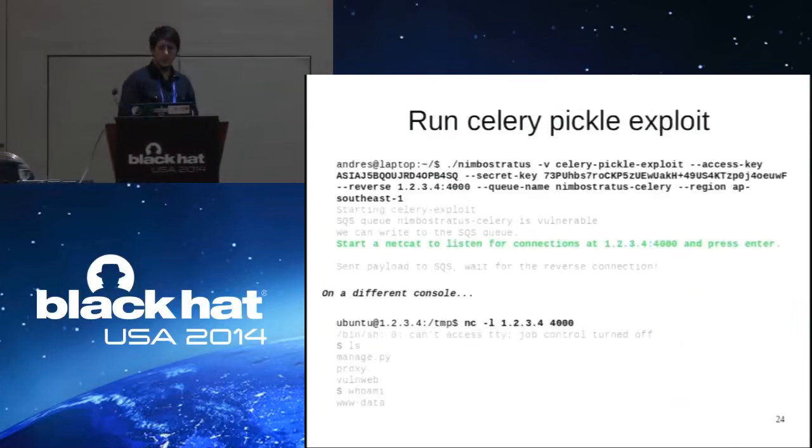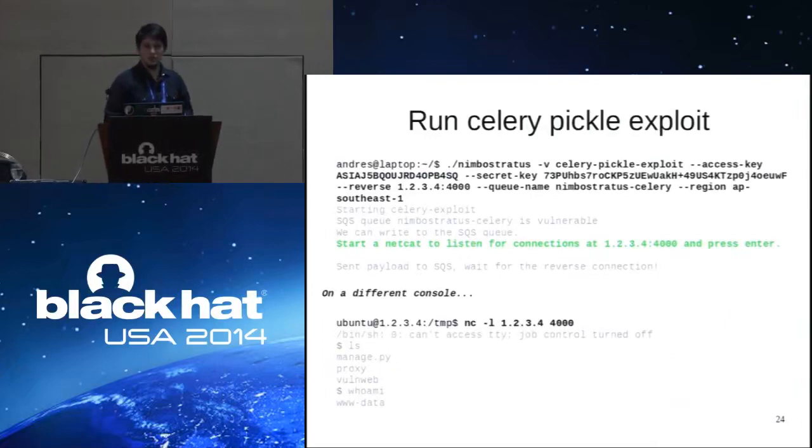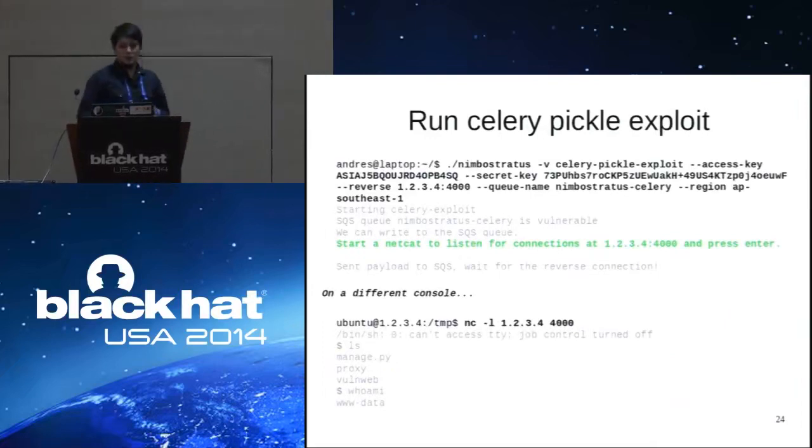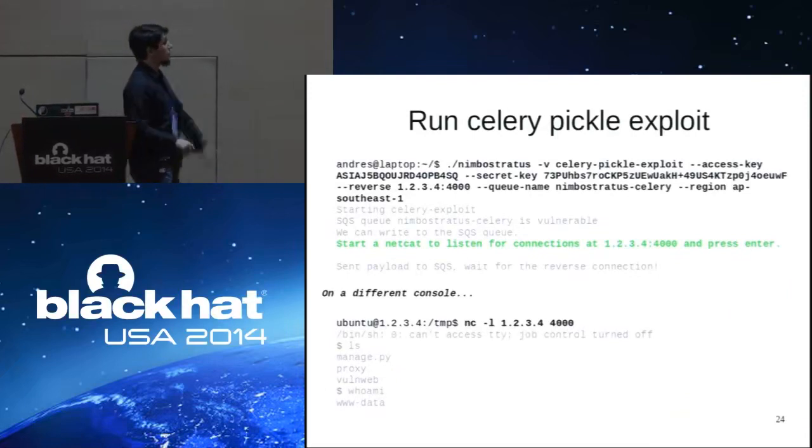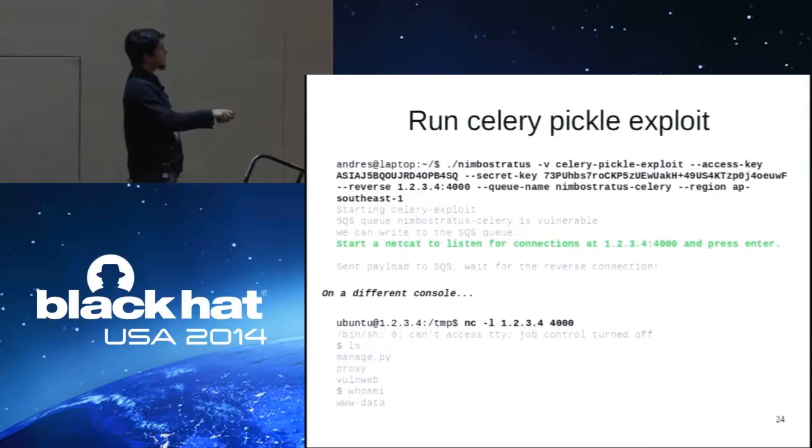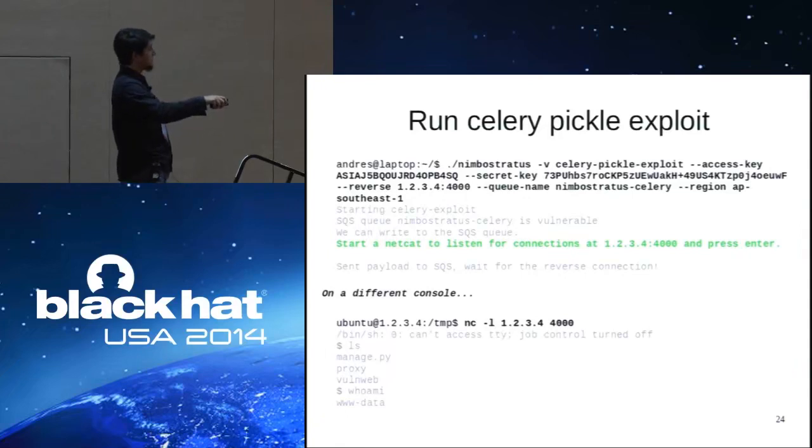So I did it, and it wasn't hard. It was actually pretty easy. I wrote a way of automating this. Celery pickle exploit, you pass the credentials, and you say, I want a reverse shell to this IP address and this port, and I want you to write the very specific, arbitrary, kind of Celery-looking message to this queue, and this queue lives in this Amazon region.